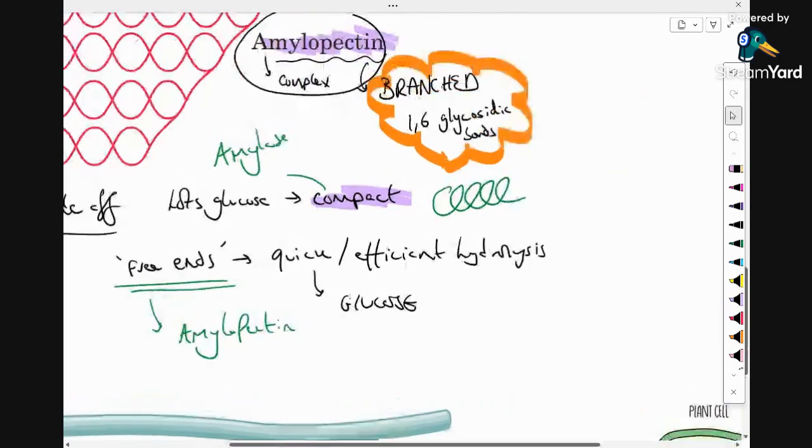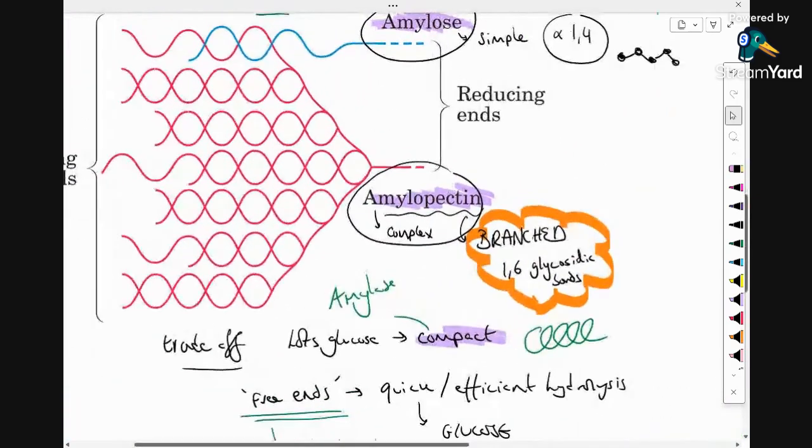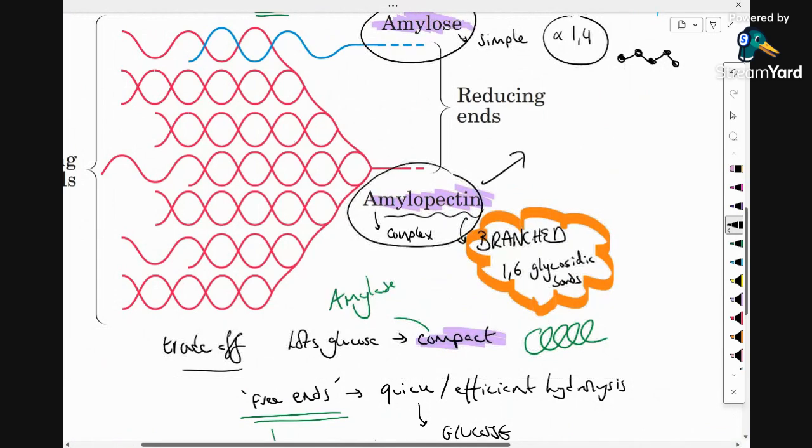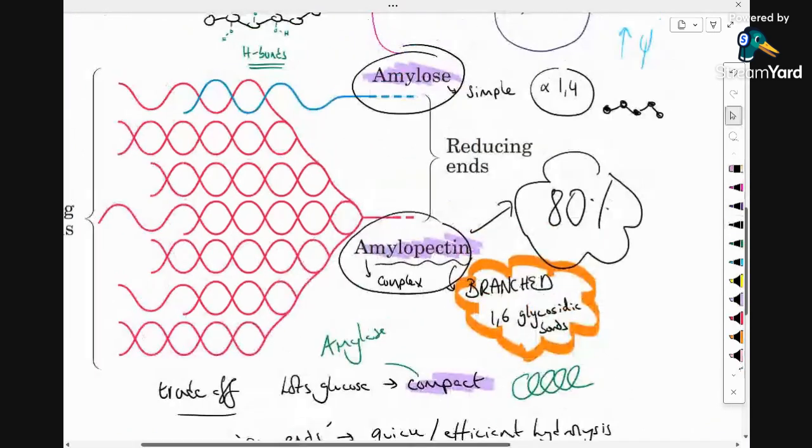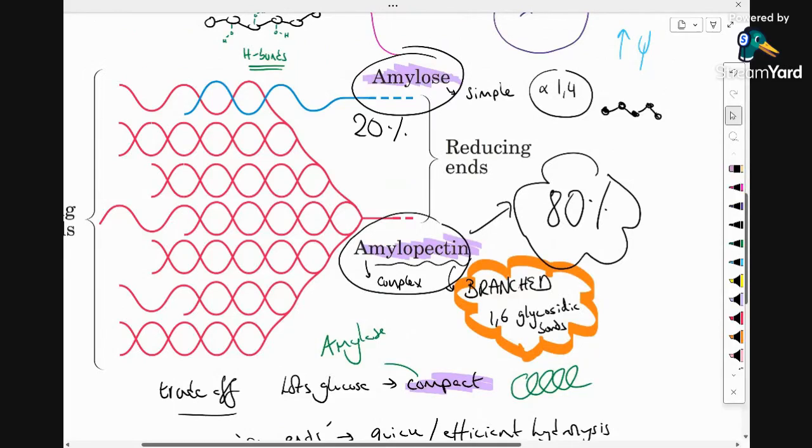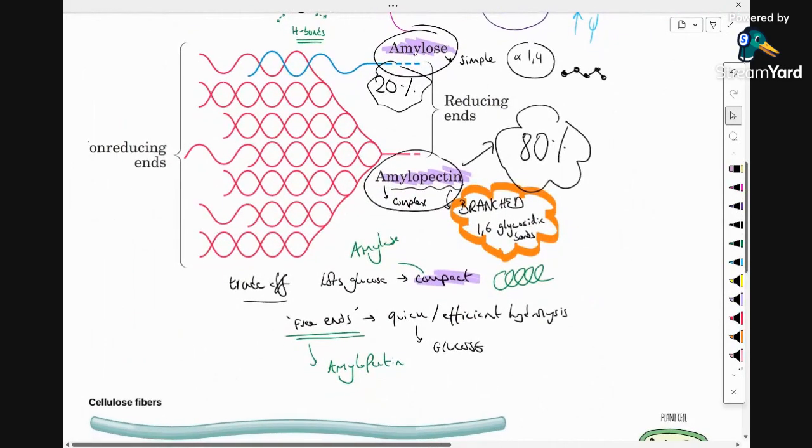So that's why plants do it. As you can see here, around 80% of starch is amylopectin and around 20% is amylose. So that's the trade-off, 20-80. Worth thinking about, quite interesting.